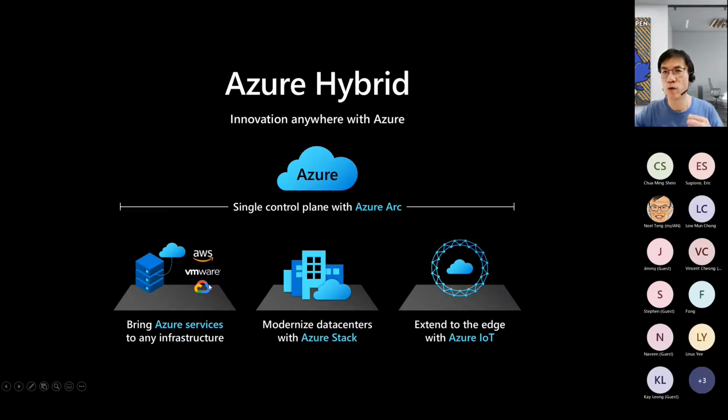Then you have a whole bunch of multi-cloud subscriptions that you may have out there, and then you have the edge devices, like your IoT in the factories and so on. To glue all this together, we have Azure Arc, which is a single pane of glass for managing all these items from the cloud all the way down to the data center and to the edge, and also to the multi-cloud environments.